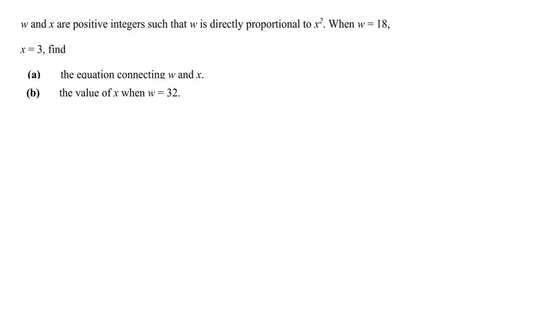Hello everyone, welcome to this video where we are required to solve this problem. So we are given that w and x are positive integers such that, this is a very important keyword, w is directly proportional to x squared. From here, this line, I would be able to apply the general formula for direct proportion.